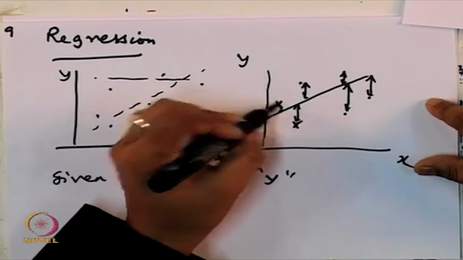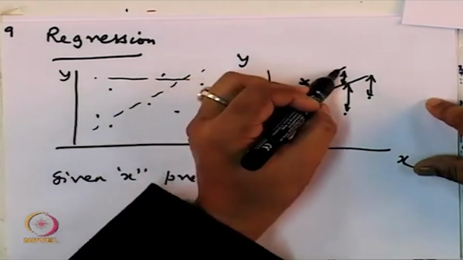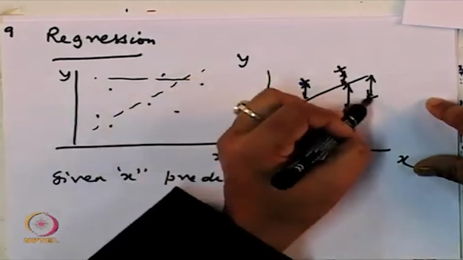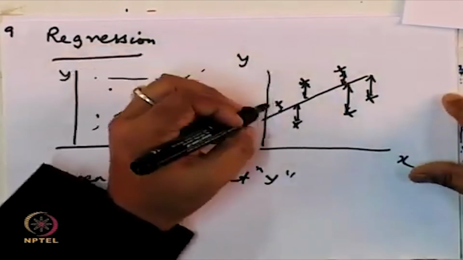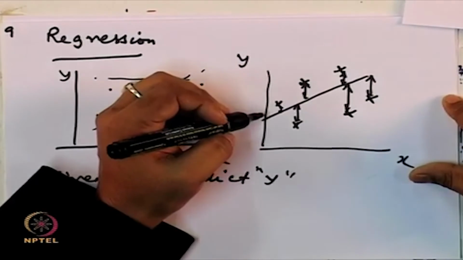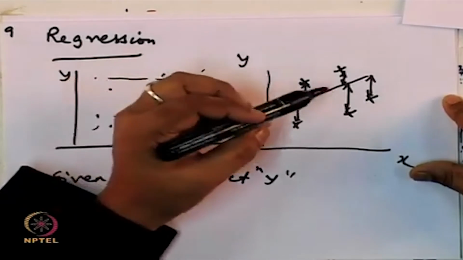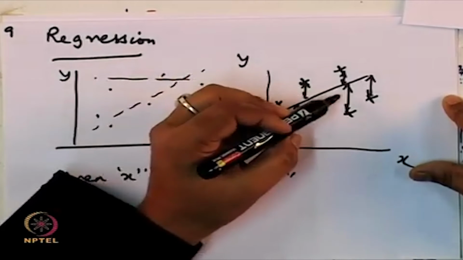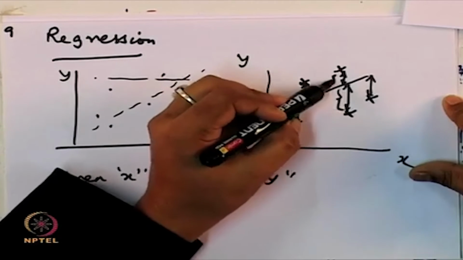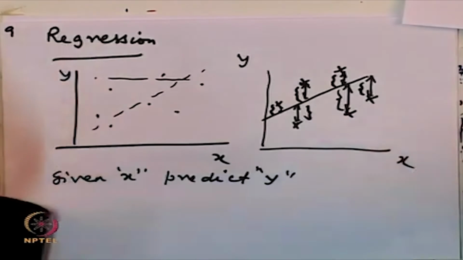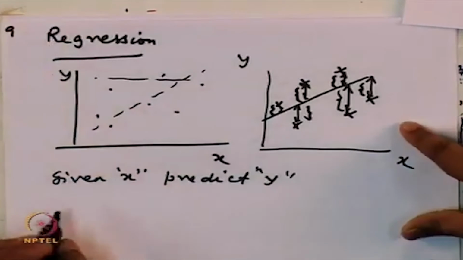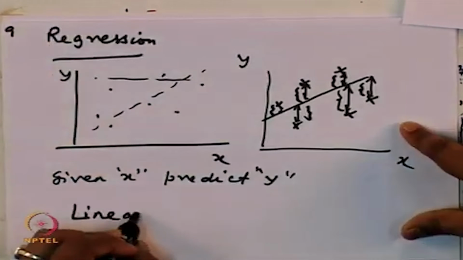So, these are your actual values, and this is the predicted line. What you want to know is, can I draw a line such that the sum of these errors which accumulate from the prediction is minimized, and that is what is done in linear regression.